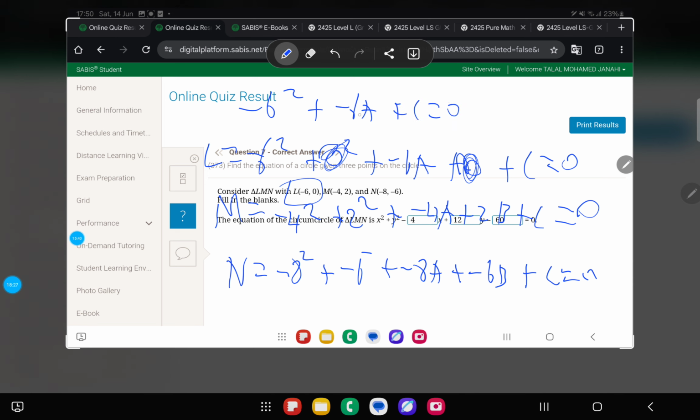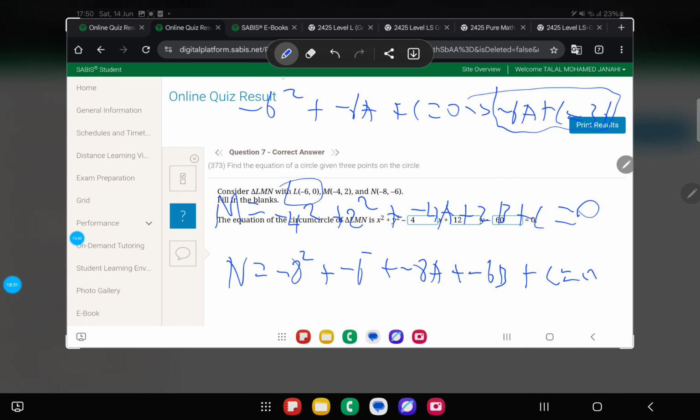What we do here is leave the letters by themselves and move the constants to the other side. So it becomes negative 6a plus c equals 6 squared, which is 36, right? We move the numbers to the other side and leave the letters as they are. So for L we have negative 6a plus c equals 36.